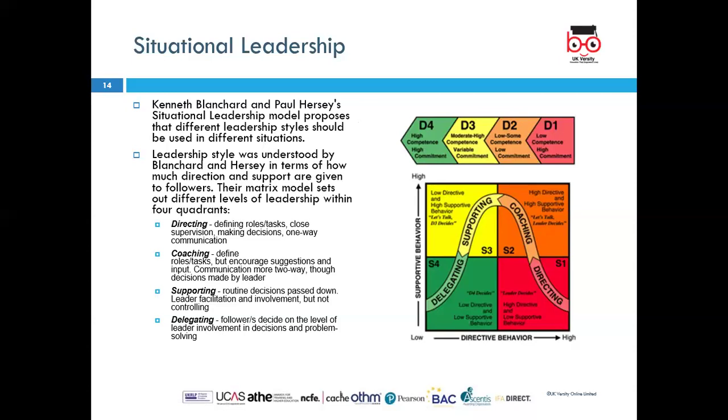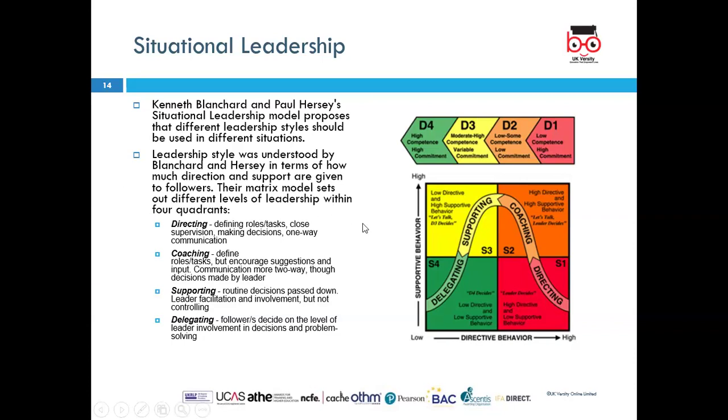In terms of this, there are four basic styles to consider. There are four different levels of leadership within these four quadrants, but this is a two-axis chart in which we have S1, S2, S3 and S4.